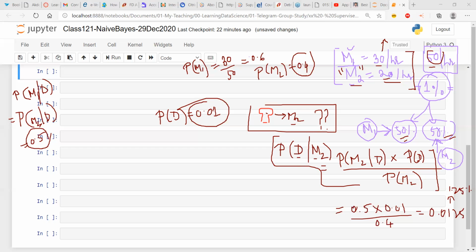In the same way, I can also calculate the probability of a defective bulb produced by machine M1. What are the total chances of a bulb being defective given it is produced by M1? In that case, the numerator is going to remain the same. Only the denominator is going to change. The denominator is going to become 0.6.